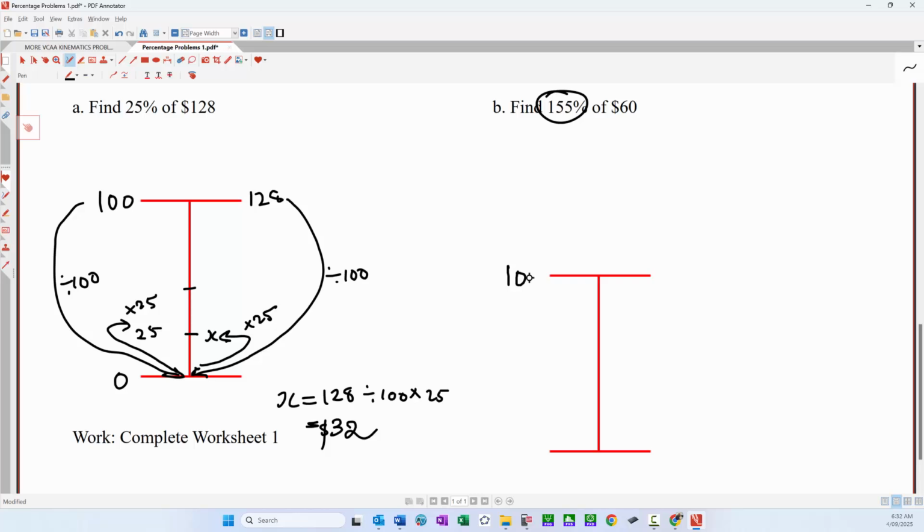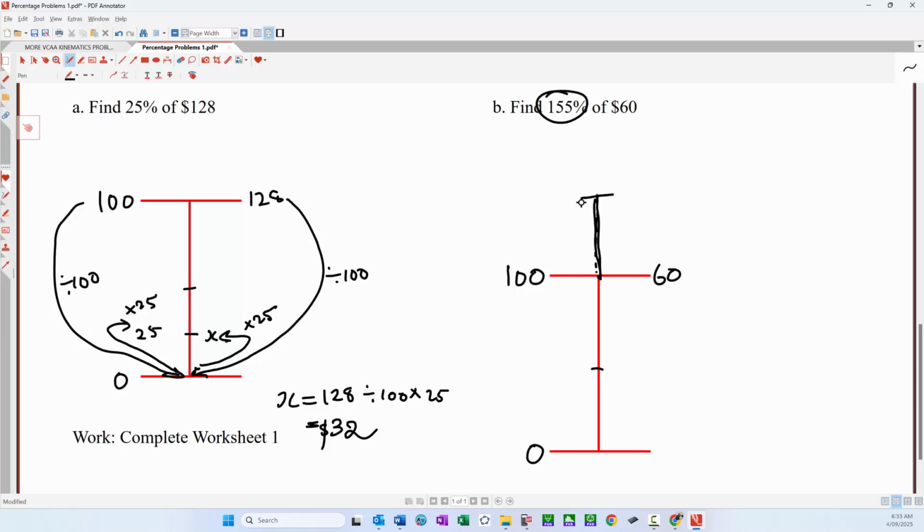So what we're going to do is write down 100 as we've been doing, and 0, noting that 1 is roughly down here. Now in this question, 100% of it is 60, and what we want is more than 100%. In fact, we want 155. Here's 50, here's 100, so we're just going to extend the number line up to around about here.